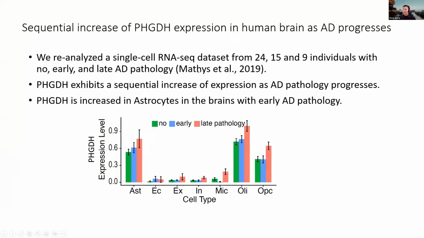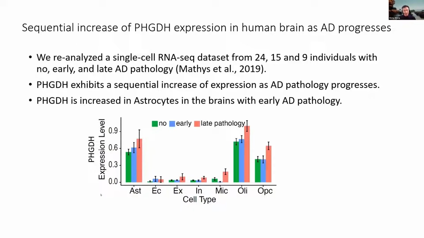I wanted to start with the first question: what cell types in brain express this gene? With this question, we reanalyzed a single-cell RNA sequencing dataset released relatively recently in 2019 that generated single-cell RNA sequencing from 24, 15, and 9 people with no AD, early AD, and late AD.